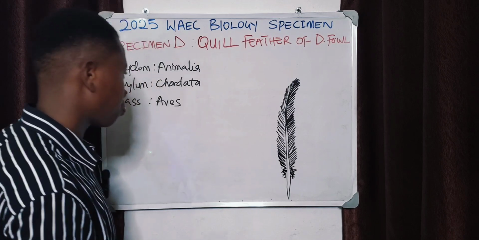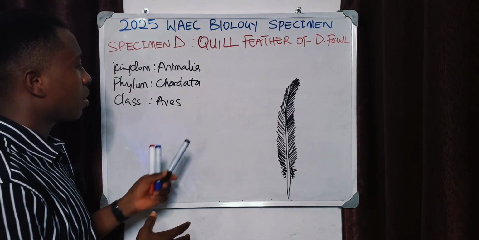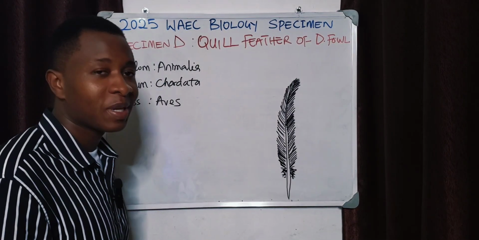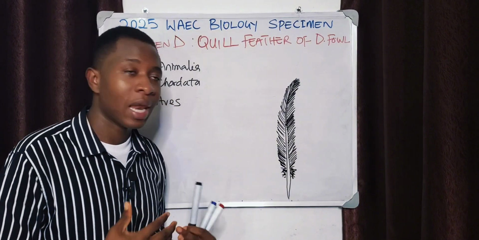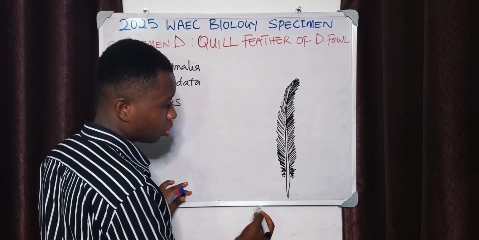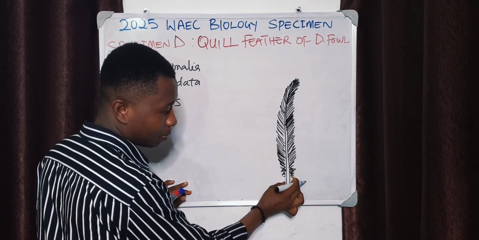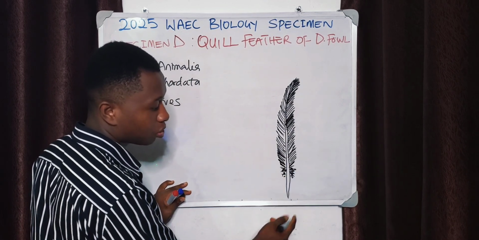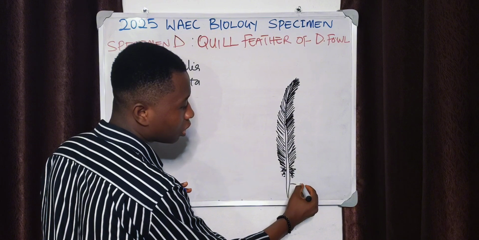Okay, now another thing you need to know about this specimen is how to draw the specimen and how to label it completely. Now, the first thing you need to know is that this part that protrudes out is actually called the quill.